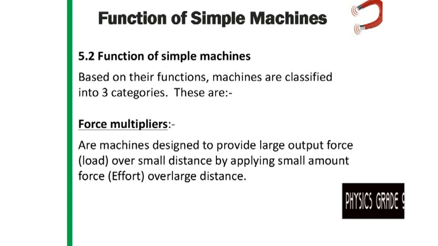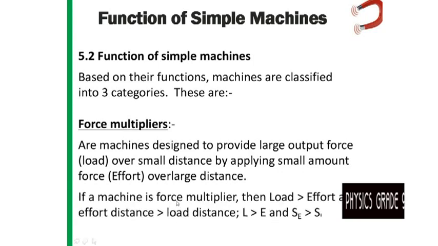This is done by applying a small amount of force, the effort, over a large distance. The reason it's called a force multiplier is because you're using a small amount of force, the effort, to produce a larger output force. You're multiplying the force from the initial effort force to a much larger load force.